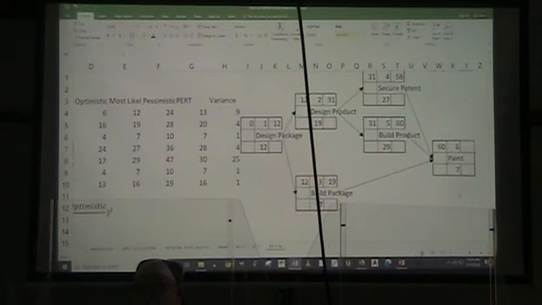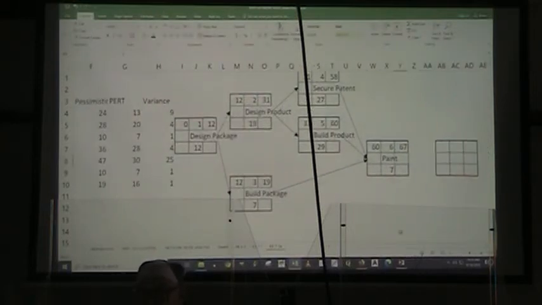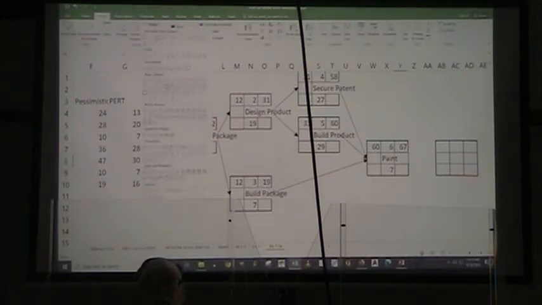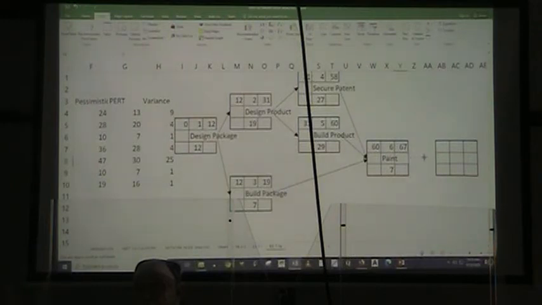Once again, our early finish time is our early start time plus duration. All right, well, we have to insert one more arrow from paint.